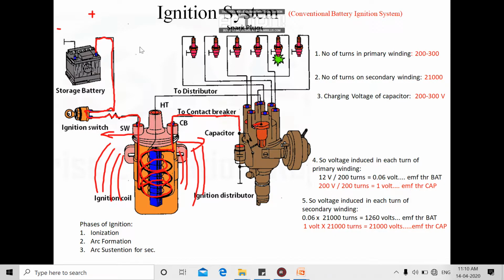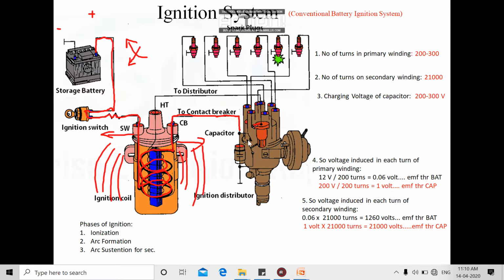I told you in the previous video, there is a needle on this rotor which rotates and one by one touches the leads coming from the spark plugs into the distributor cap, with respect to the firing order.